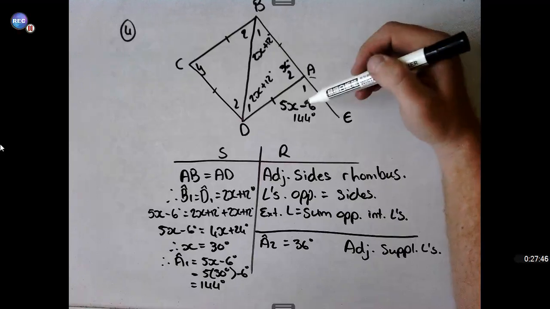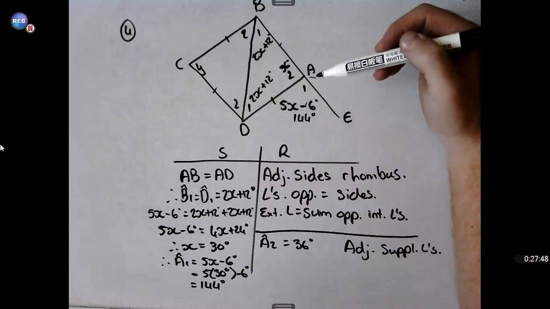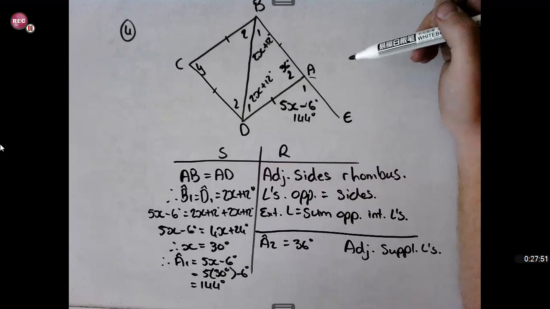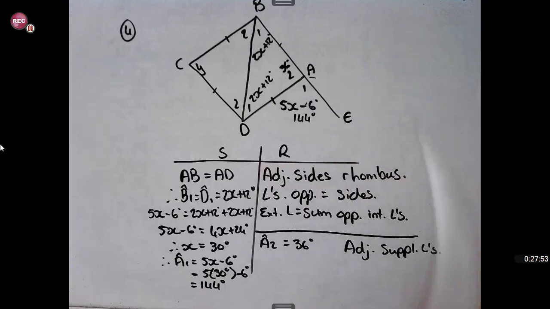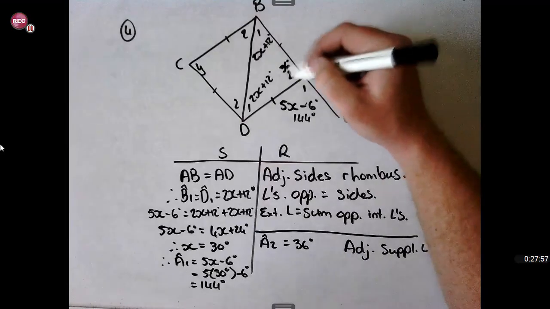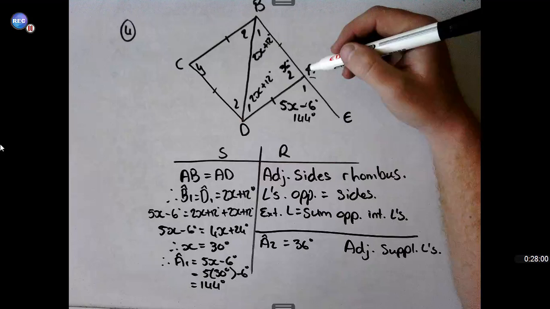You take the 144, subtract it from 180, and you get 36 degrees, using adjacent angles on a straight line.